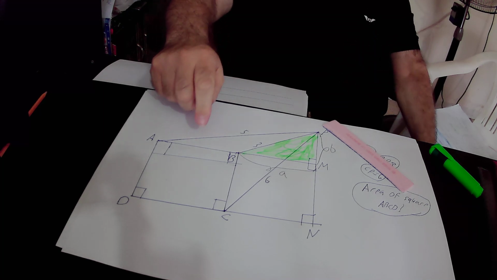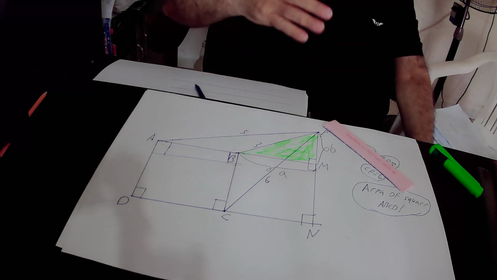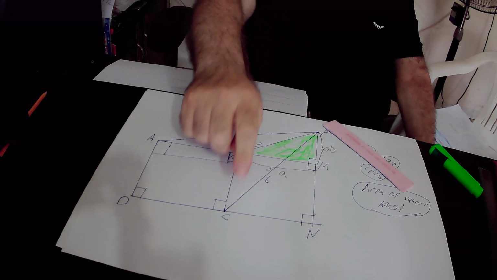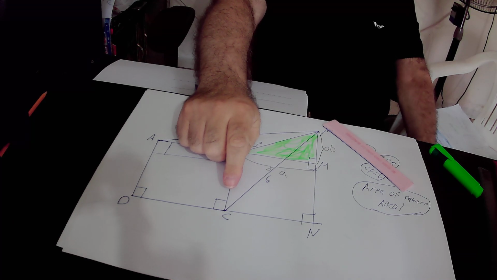So if we focus on the upper side of the straight line DN at point C, here the sum of the angles must be equal to 180 degrees according to the rule that the sum of the angles on one side of a straight line is equal to 180 degrees.